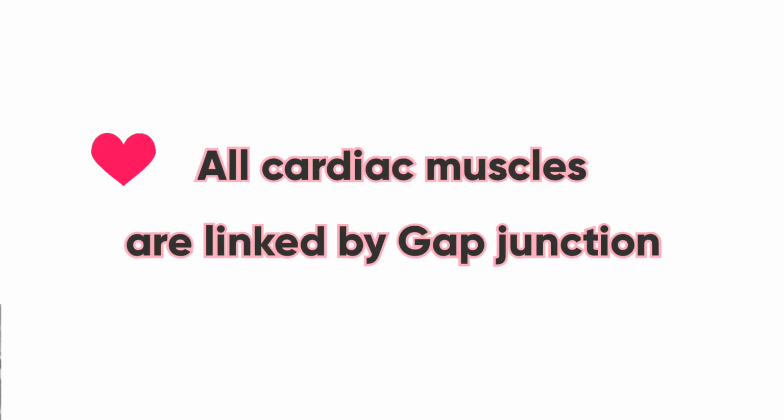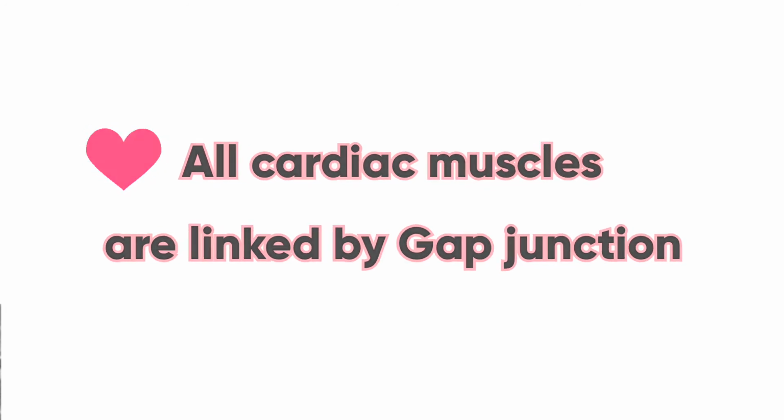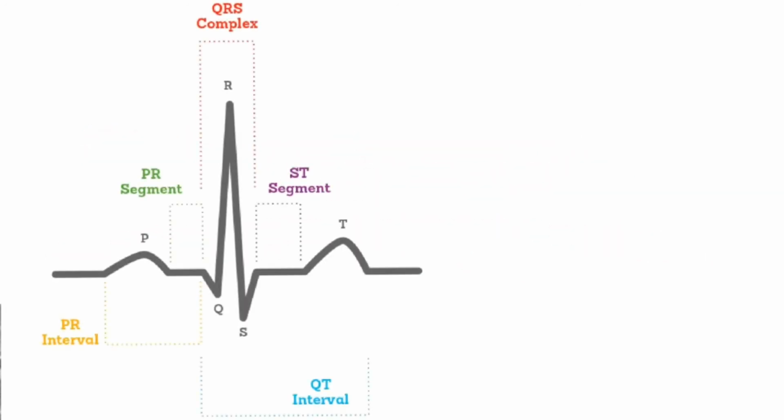All cardiac muscles are electrically linked to one another by structures called gap junctions, which allow the action potential to move from one cell to the next. This means that all atrial cells contract together and all ventricular cells contract together.